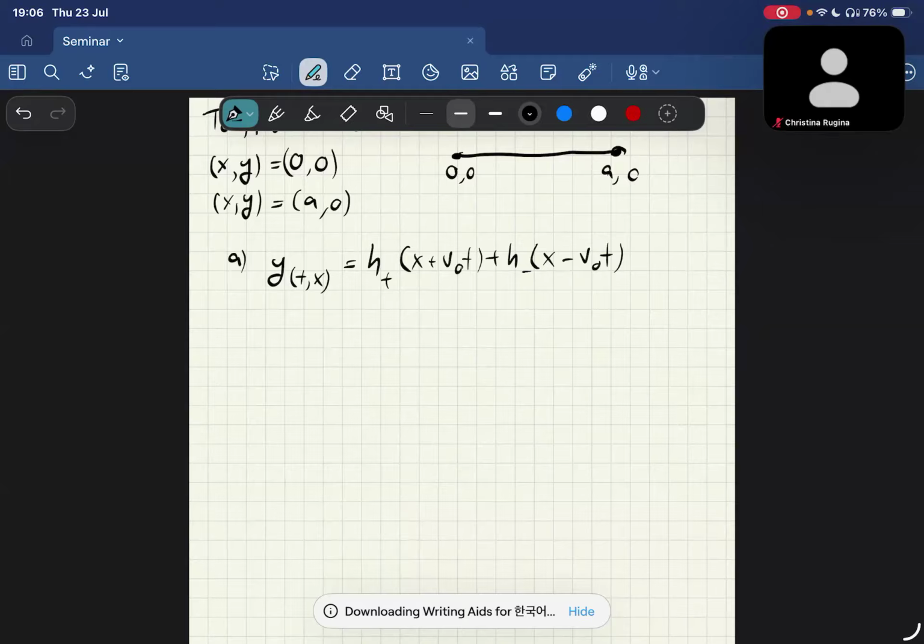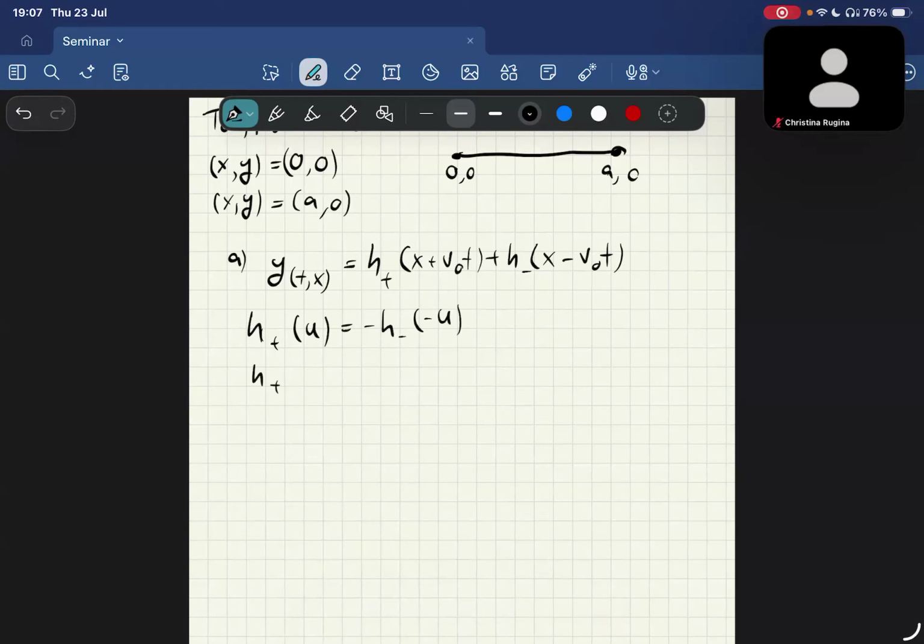And we want to find the relation between h plus and h minus: h plus of u is equal to minus h minus of minus u, and h plus is also equal to h plus of u plus 2a. All of this from the initial conditions that the endpoints are fixed.